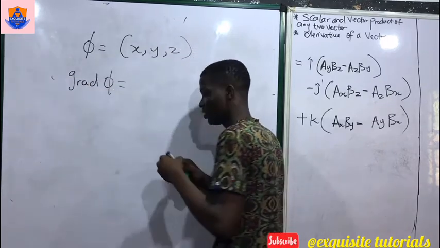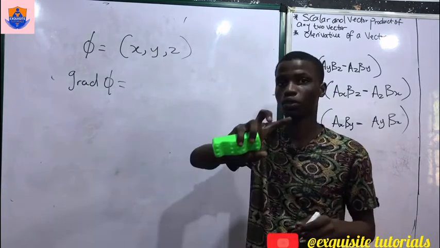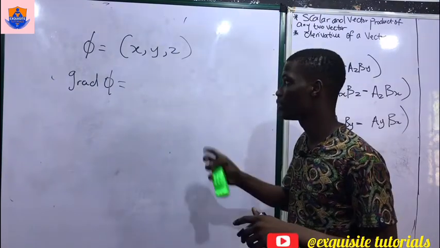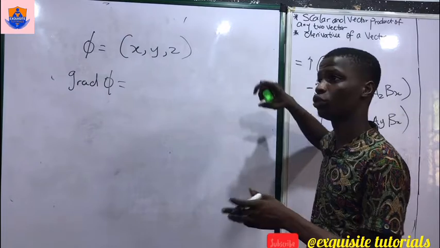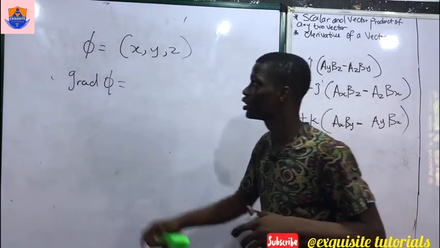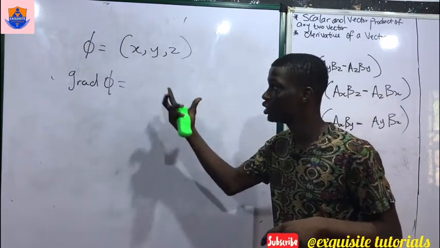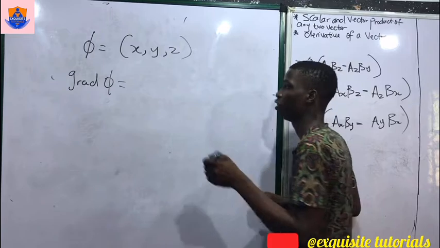Gradient is the same thing as the differentiation of any function. If I try to put that, it will involve me introducing mathematics here, but we don't need that. So let's get the gradient from this function.